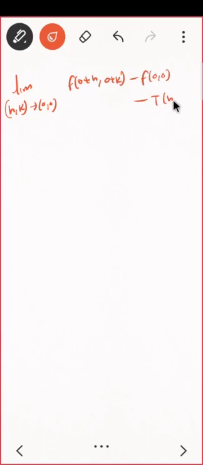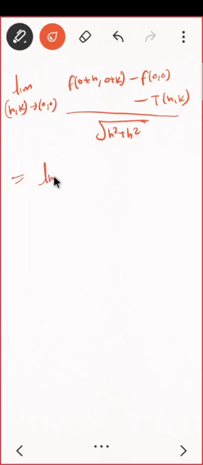The limit as (h, k) tends to (0, 0) of f of (0 plus h, 0 plus k) minus f of (0, 0) minus T of (h, k), correct? This is the definition. And divide by the norm of (h, k), that is the square root of h square plus k square. Just check whether this limit exists or not, and this definitely exists. What is this?